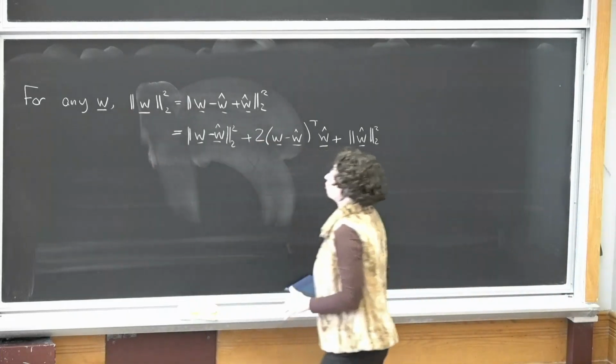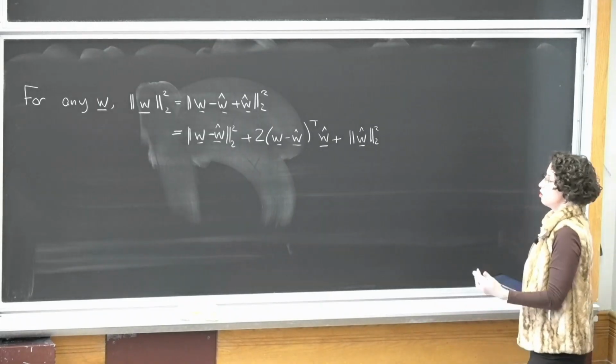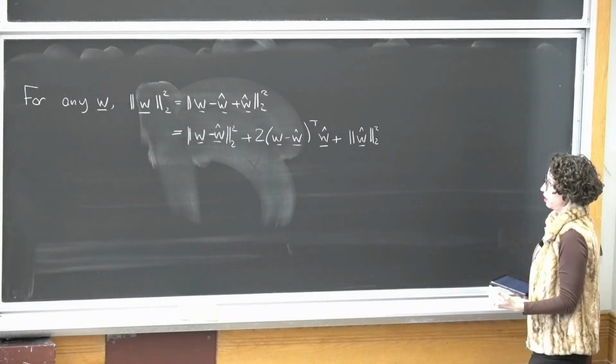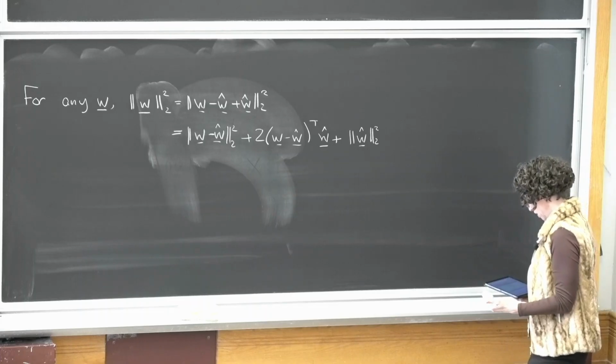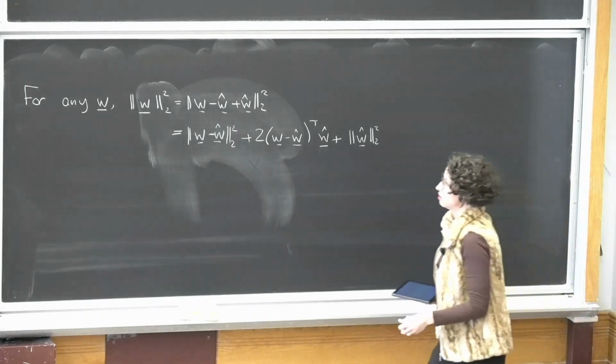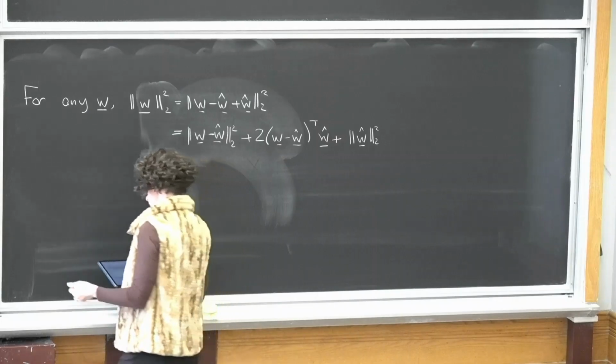So once I've written the norm of any vector w this way in terms of the norm of my pseudo-inverse, then I can start to think about my machine learning context.